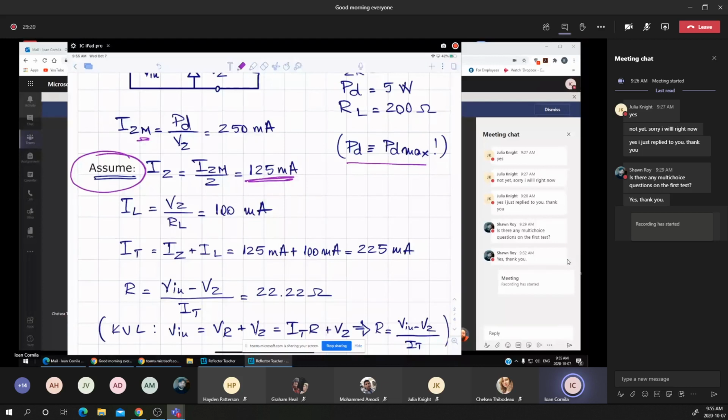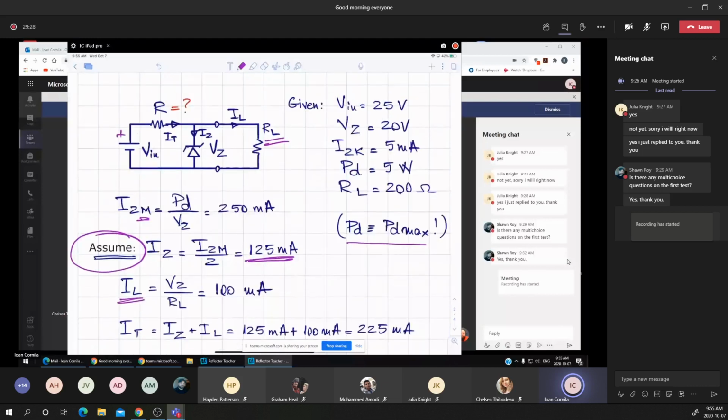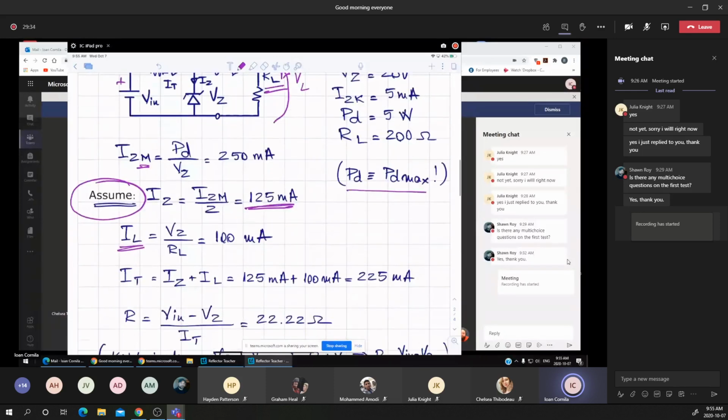Once you know the IZ, we can determine the load current. How can we determine that? You notice that the voltage across RL, the VL, is the same as the VZ. That means the VZ divided by RL gives the current that flows through the load resistance, which is 100 milliamps.